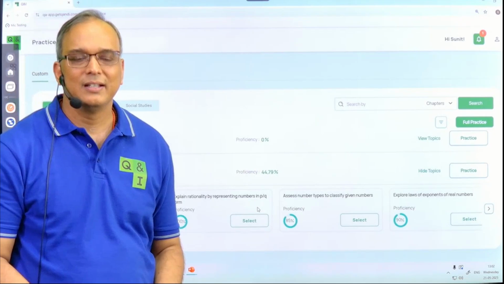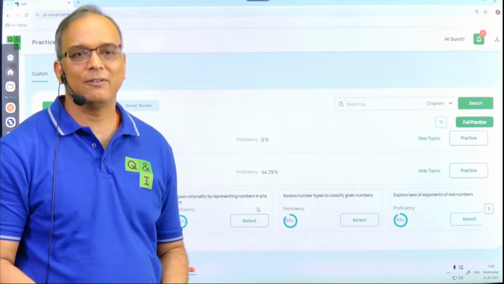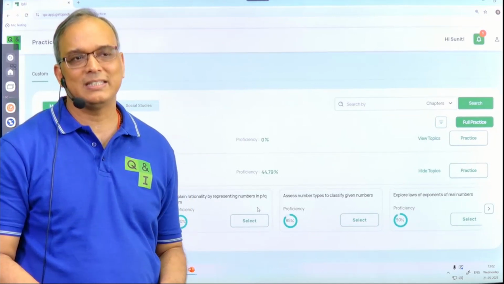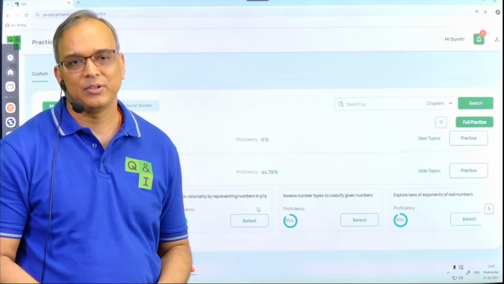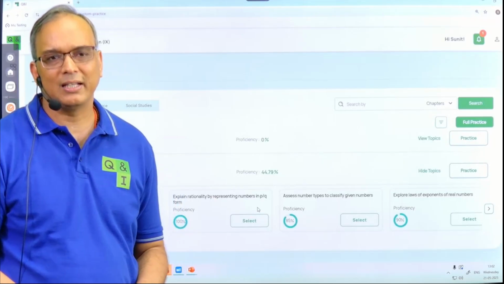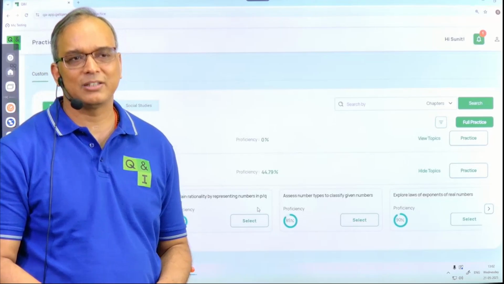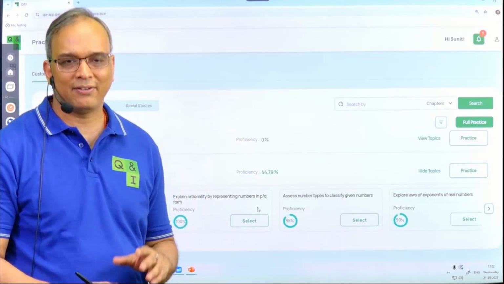If you don't, please write your name in the chat box. We'll give you a call and create your login ID and password so that you can take the test on Friday and start your practice as soon as possible. Okay, Rudra and Kamalan, we'll try to connect with you and create your ID and password so that you can go and practice on the platform and do your homeworks.